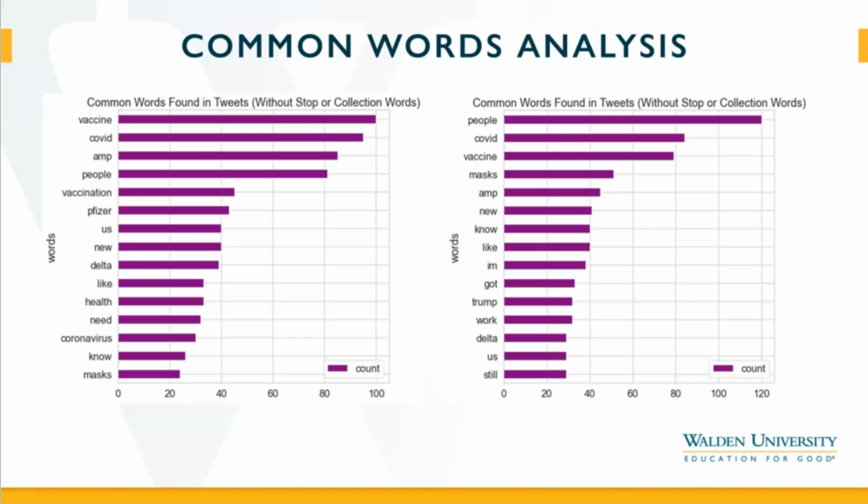So Delta made it up there. So you can kind of tell, and this can be much more refined, these searches and common word finds. But you get a general sense of what people are frustrated with, or what people are thinking about, or just what people are talking about in general.